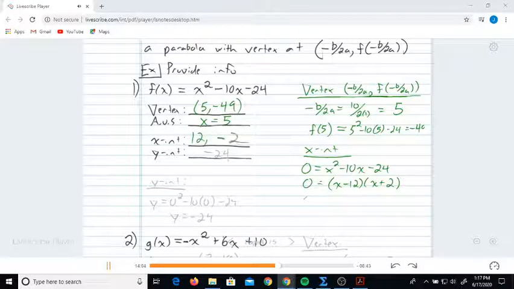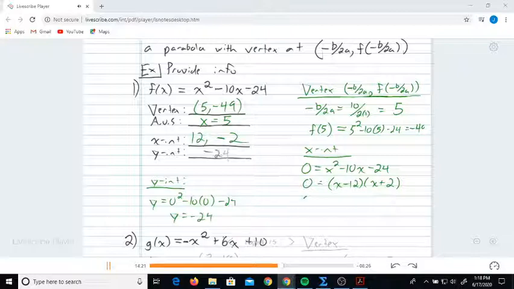And then for the y-intercept, we set the x to 0. So that would be y equals 0 squared minus 10 times 0 minus 24, which is negative 24. Alright, there's all the information about our parabola. So if you want, you can go ahead and graph it with this information.